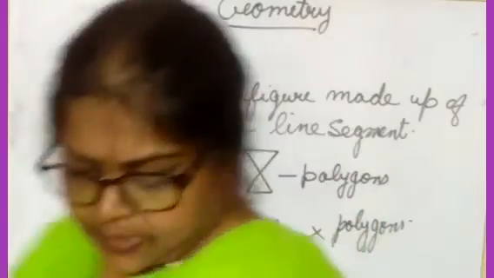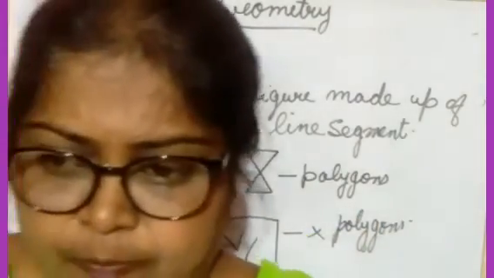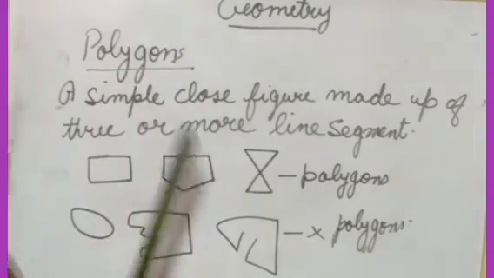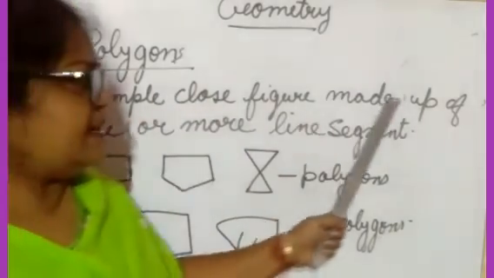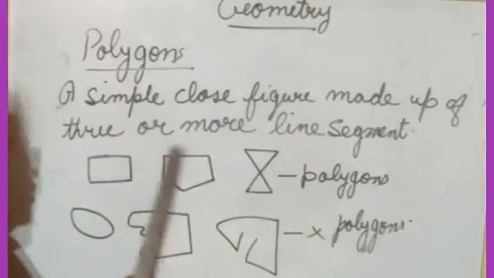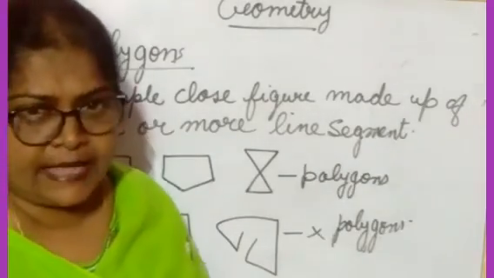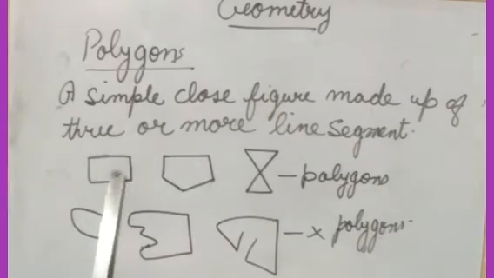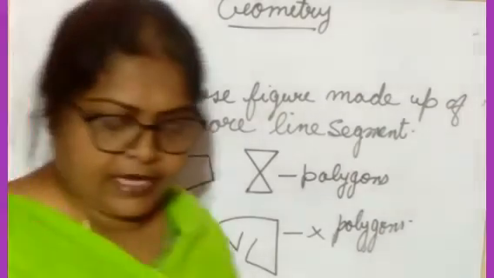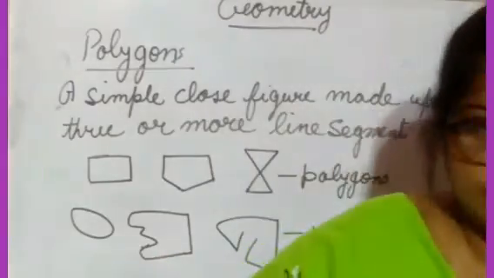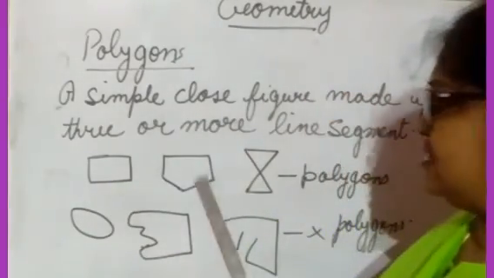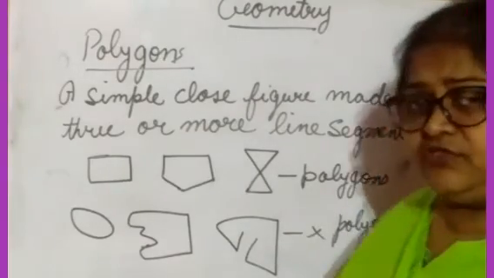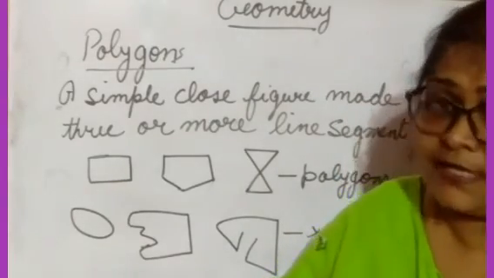Clear? So today you have seen what a polygon is: a simple closed figure made up of 3 or more line segments. Here you see this figure has more than 3 line segments, so this is a polygon. This is also a polygon, and this too. Is a circle a polygon?